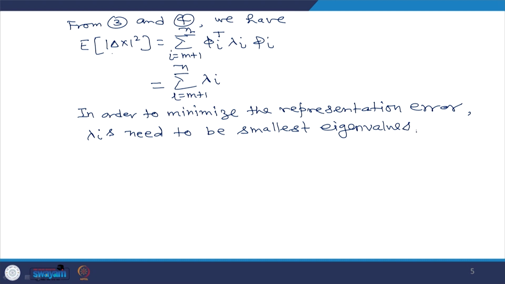Means what I need to do? I am having n eigenvalues. Out of n, I have to choose n minus m eigenvalues whose sum should be the minimum.